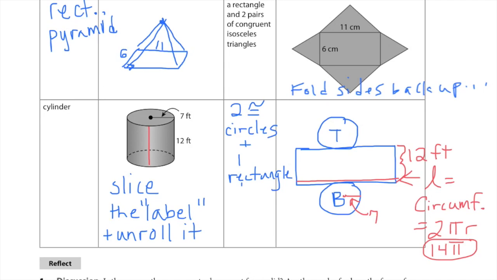And then the base is your circumference. Capital C times H is going to be the area of that rectangle.